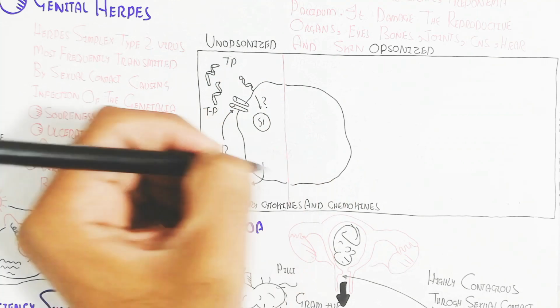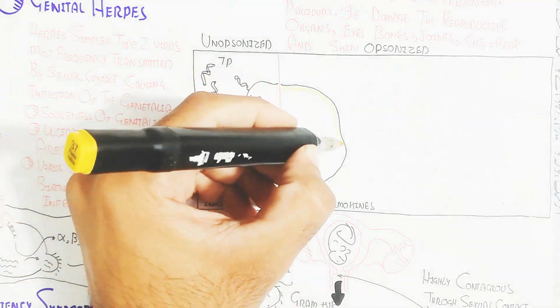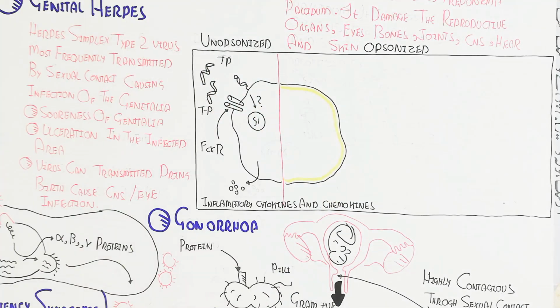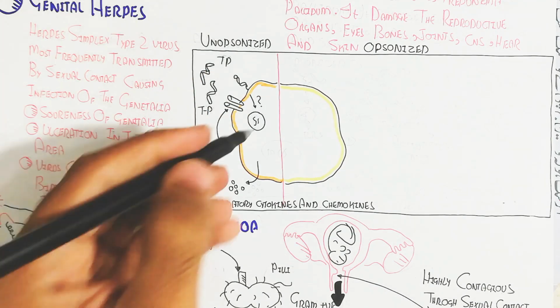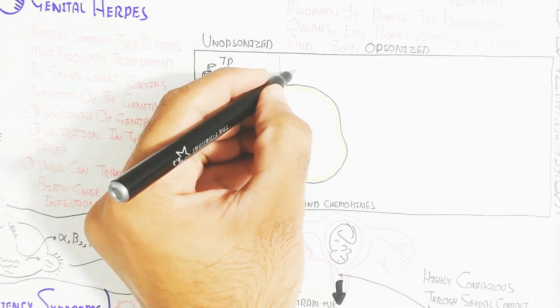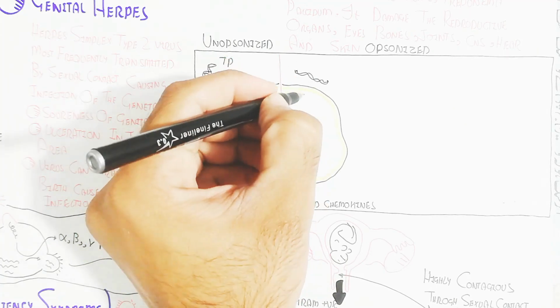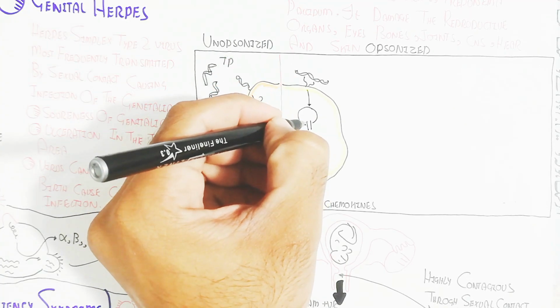These will attract more macrophages, which release more cytokines and chemokines.